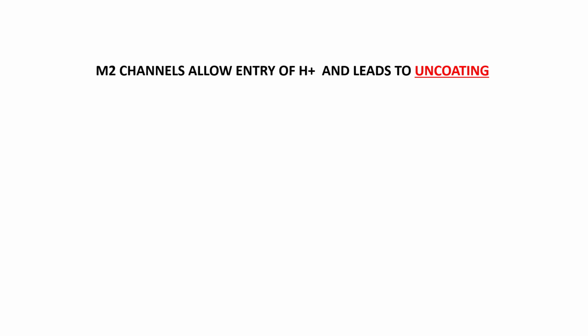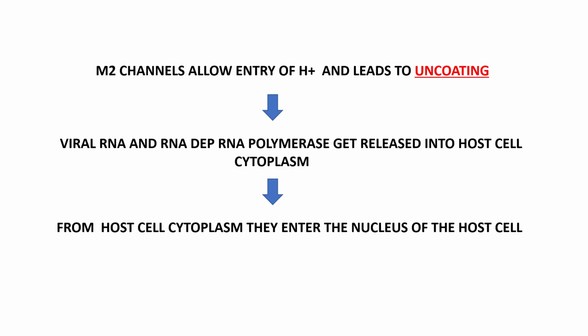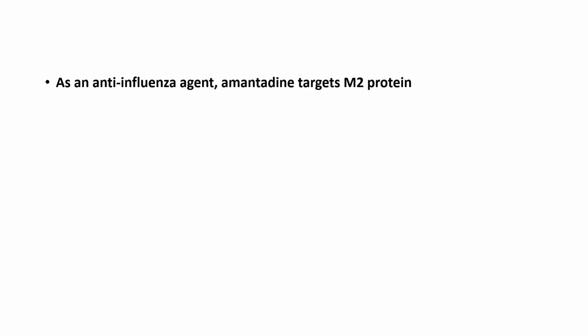So these M2 proteins are absolutely essential for the life cycle of the influenza virus. Amantadine targets the M2 protein, and this forms the basis of its antiviral action.